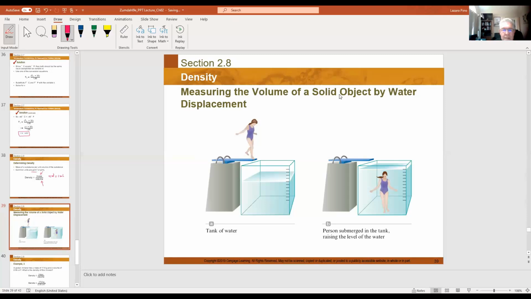The method that is used to measure the density of a solid is water displacement.